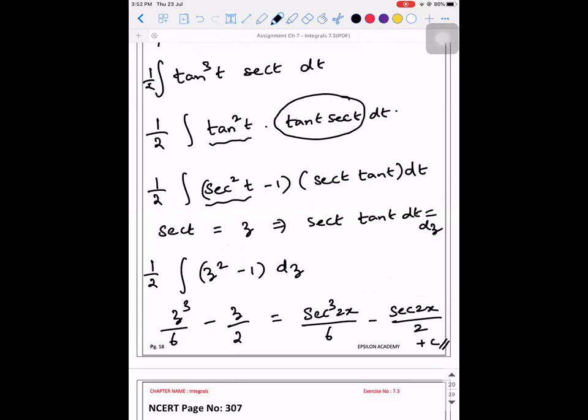Last step only, sir. I just substituted the value of z. That's it. So can someone check the answer, please? Correct.